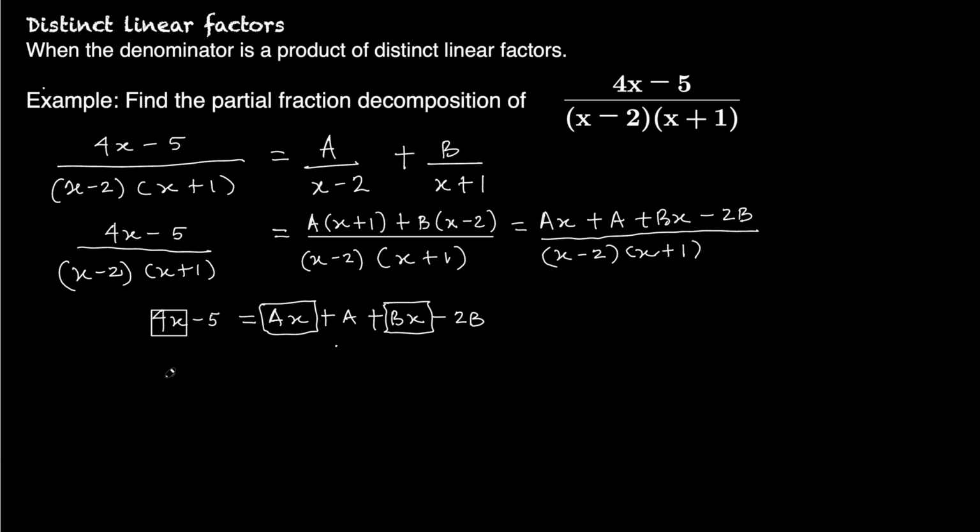So we can say that 4, which is for the x, equals A, the coefficient of Ax, plus B, the coefficient of Bx. So this is for the x.